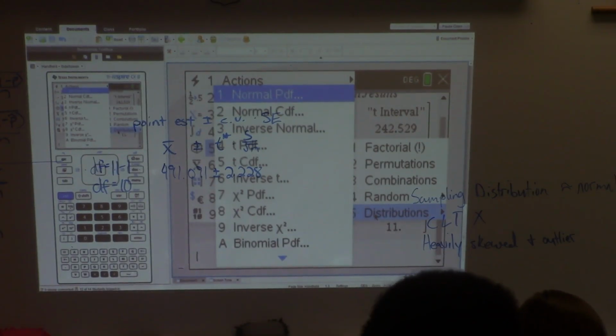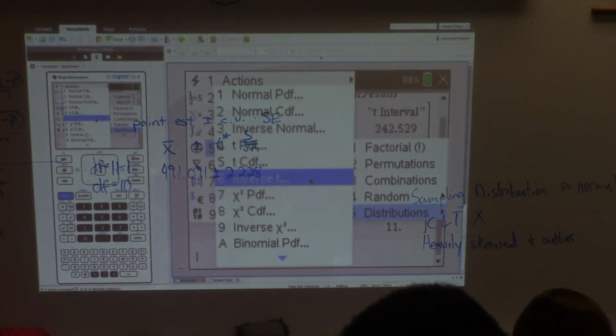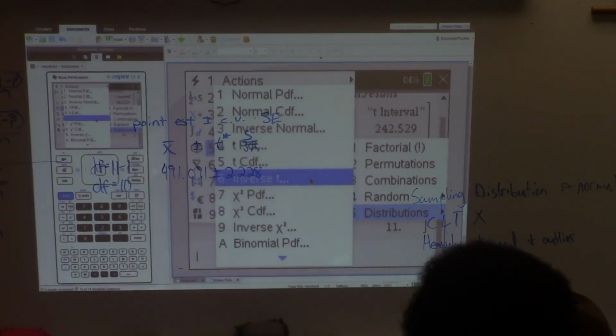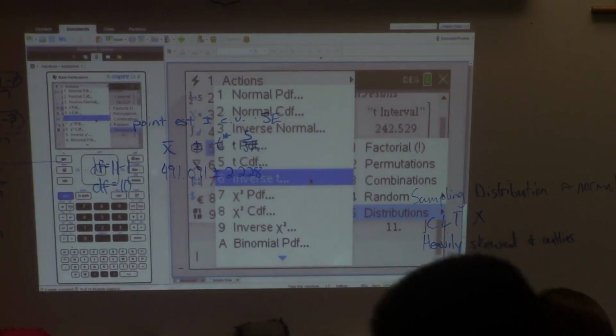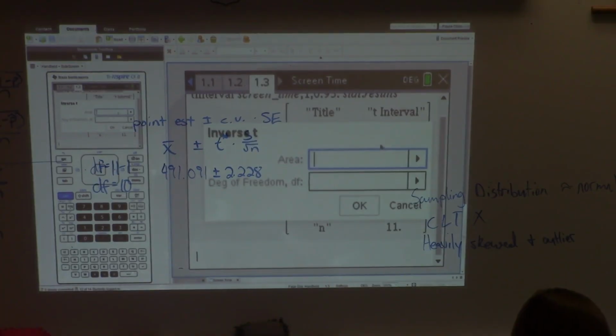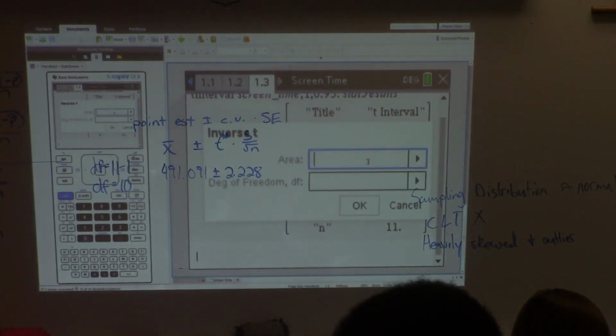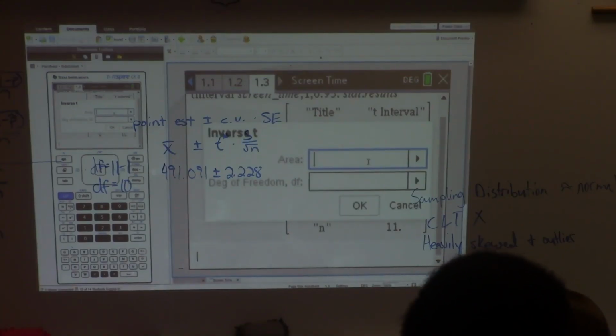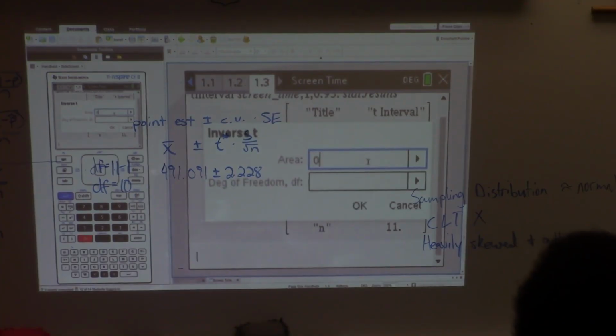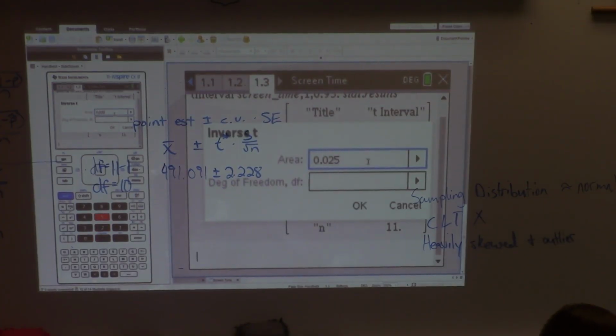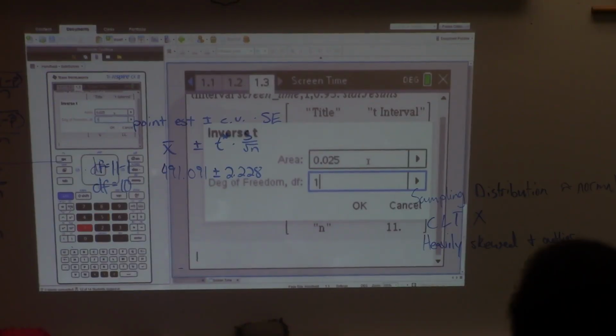Take a deep breath. So remember, we're working on the t distribution. I have an area and I need a critical value, right? So I do inverse t. Now, what's the area if it's a 95% confidence level? 0.025. Be careful with that. And what degrees of freedom? 10.